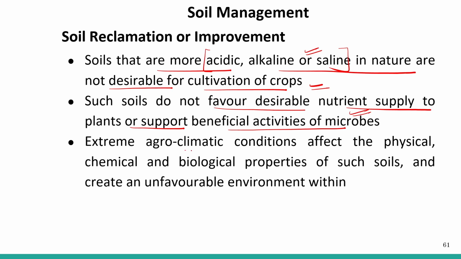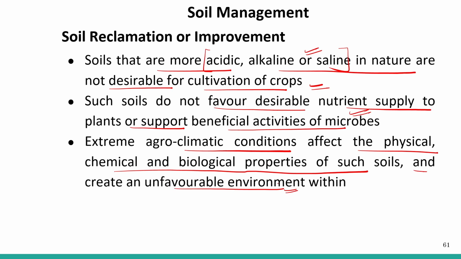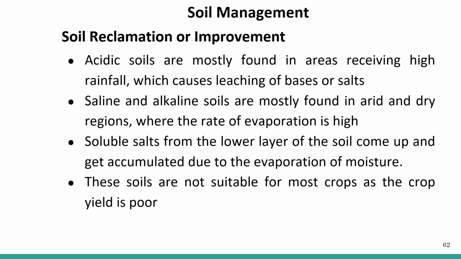The extreme agroclimatic conditions affect the physical, chemical and biological properties of such soil and create an unfavorable environment within. Acidic soils are mostly found in areas receiving high rainfall, which causes leaching of the bases and salts.